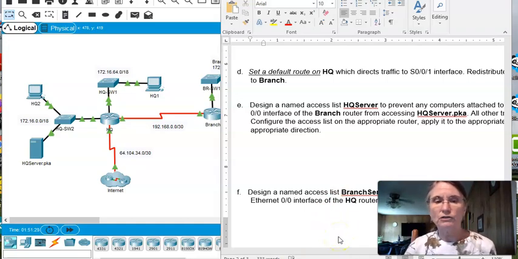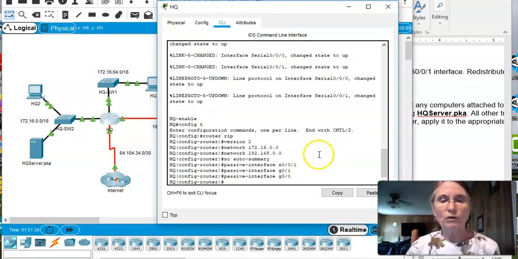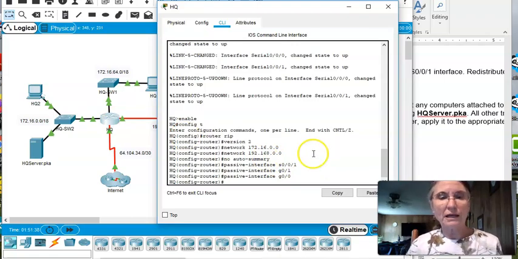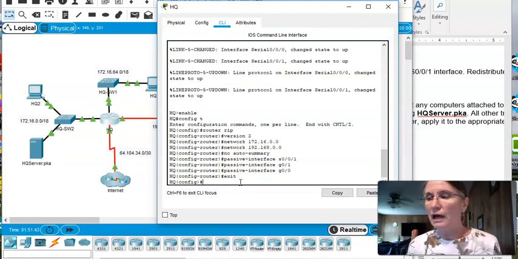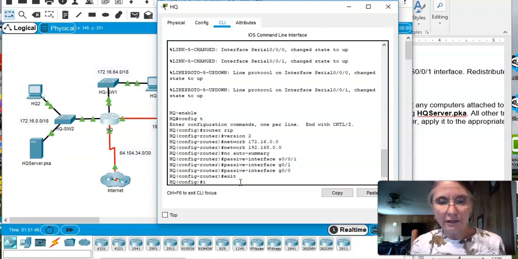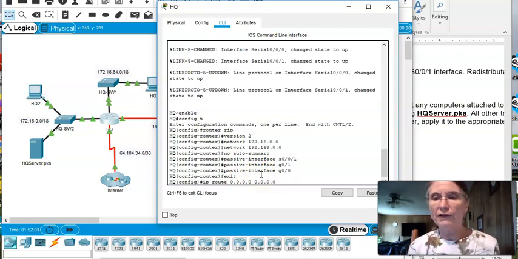So back on HQ, if you are still in the router config mode, we need to exit and put in an ip route of quad 0, a space, and the netmask is also a quad 0 mask, meaning everything. It's like the default route.